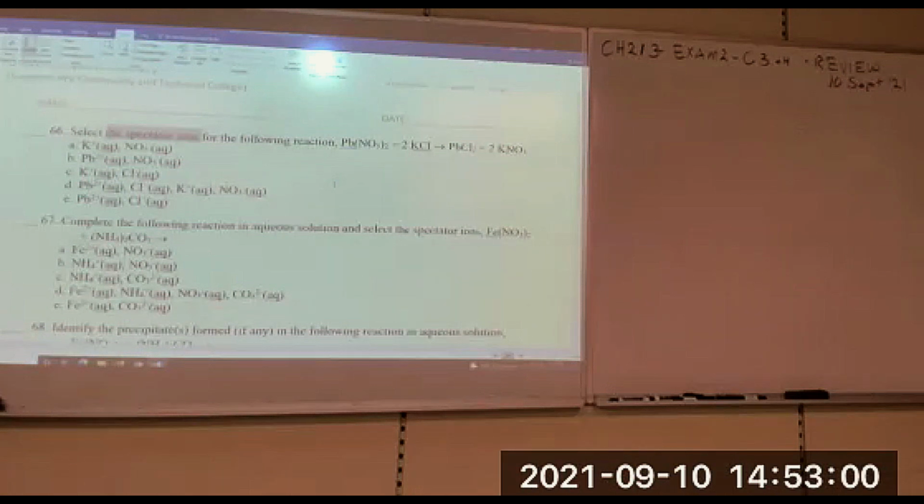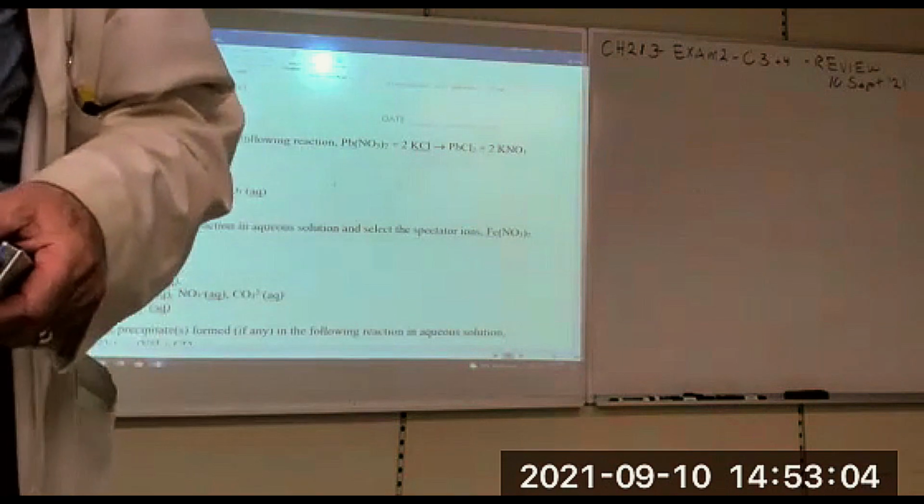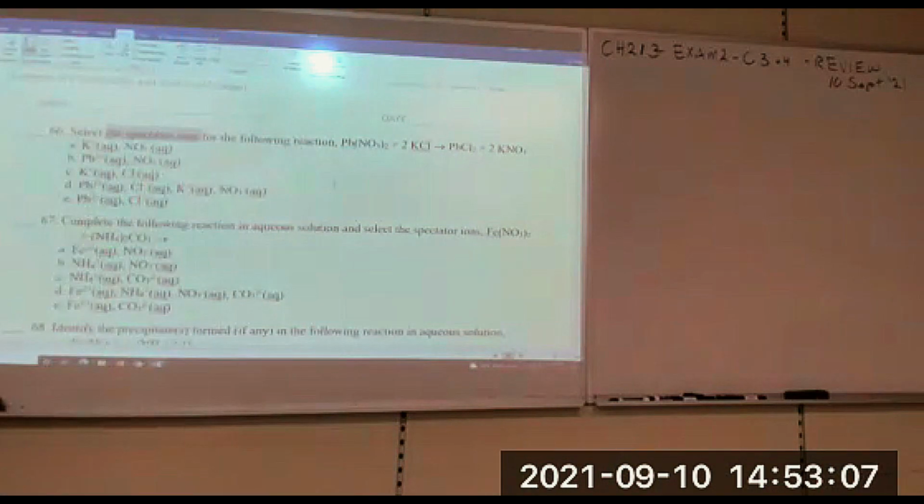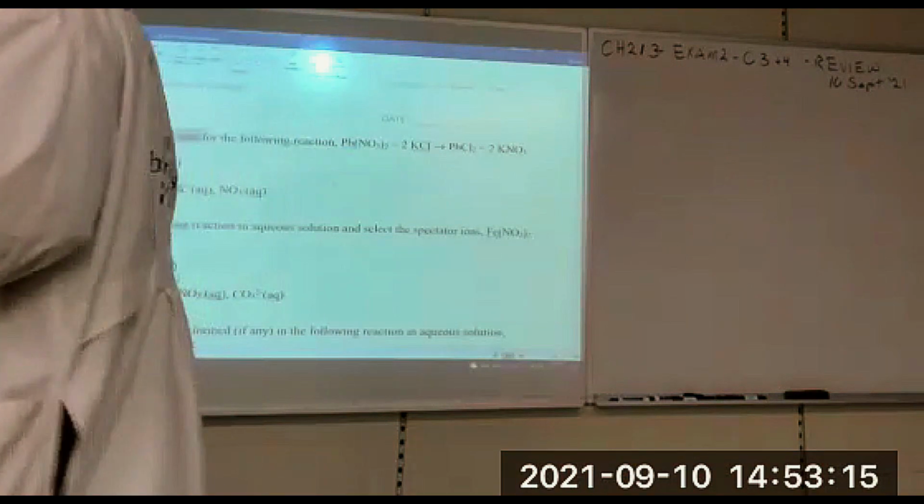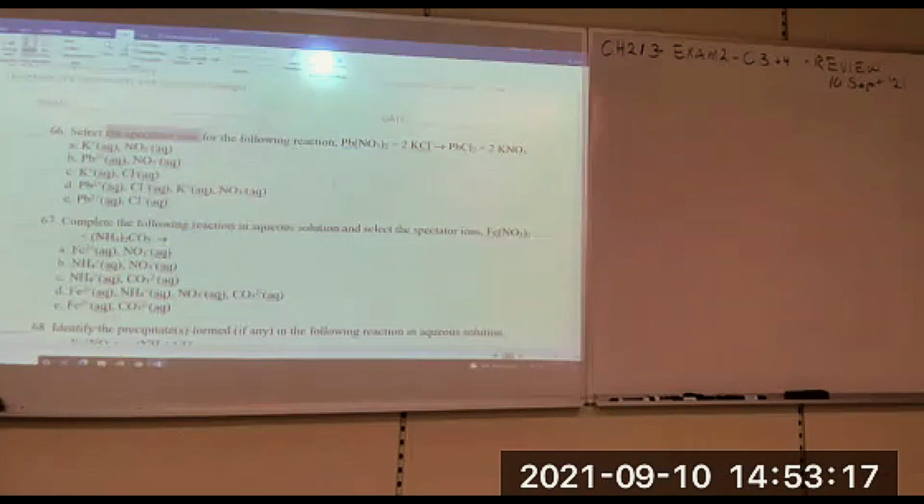And you just need to look in that chart right here. And so if we follow along here and find lead way out here, then go down to chloride. There it is. It's grayed out. So that means it precipitates. So that means we keep this in the net equation.